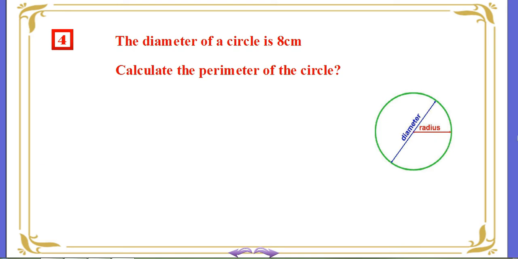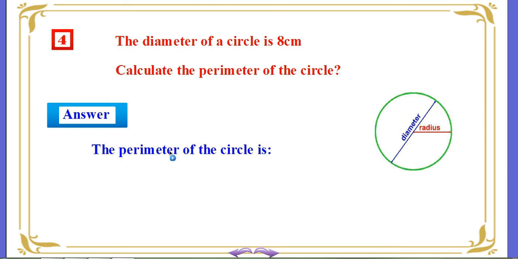We have the formula of the perimeter of a circle: the first is the diameter multiplied by pi, or 2 multiplied by pi and multiplied by the radius. Because the exercise gives us the diameter, we choose the first formula.